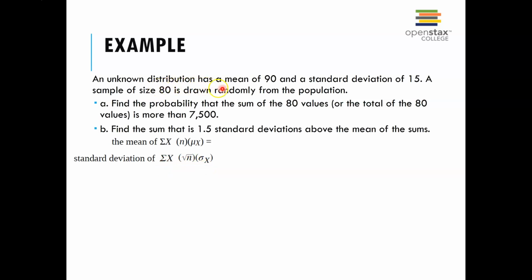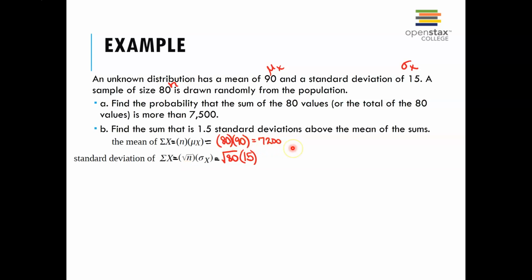The unknown distribution has a mean of 90, so we're going to put 90 right here for our mean. It has a standard deviation of 15, so we're going to put 15 right here for our standard deviation. And then a sample size of 80, so we're going to put 80 in for this n and 80 under the radical for this n. So our n is 80, our mean is 90.